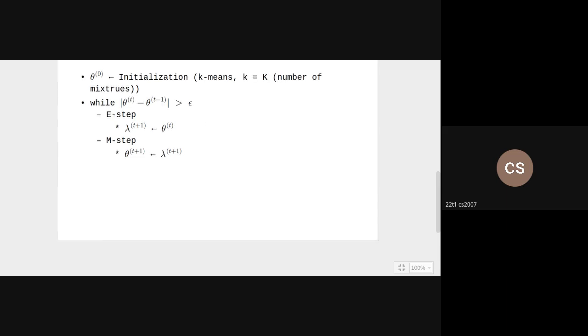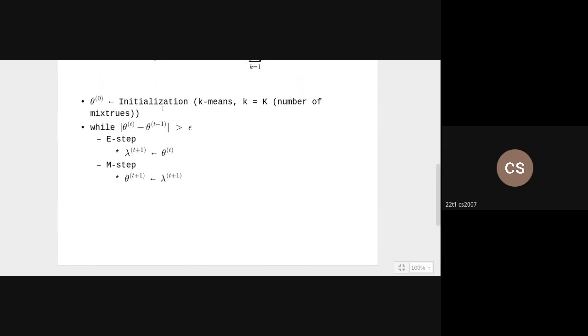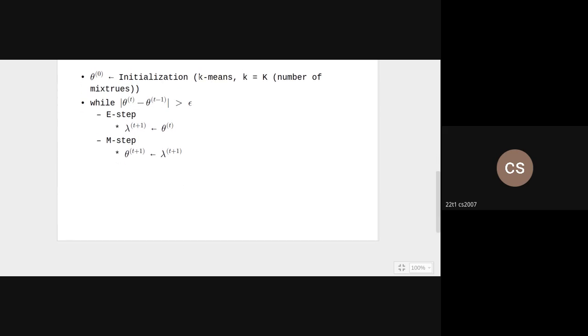Okay, so that's what we are supposed to do. So initialization, we won't do k-means now, but this is how it's generally done. E step is use the theta t values, get the lambda values. M step is use the lambda values, get the theta values.